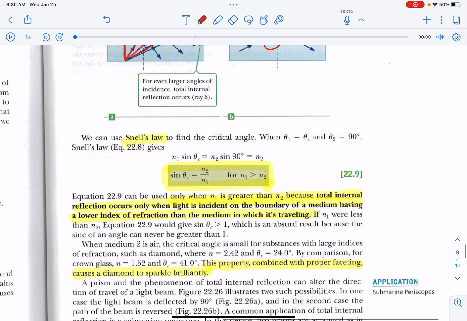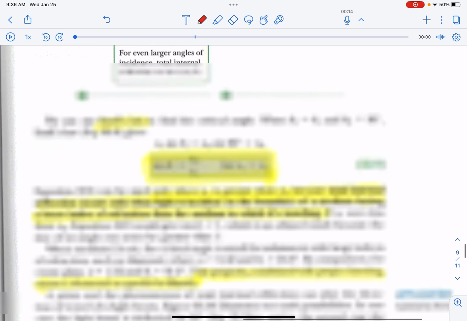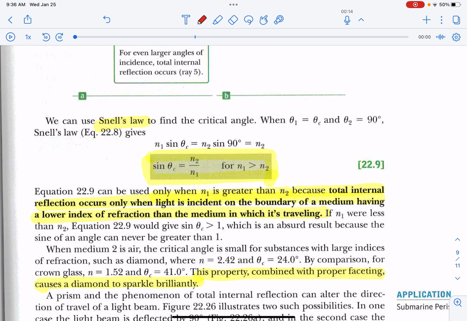And we can use Snell's law to calculate that angle. And it turns out that the critical angle can be determined because the sine of that angle is going to be the ratio of two indices of refraction, n2 divided by n1. That's when we get total internal reflection.